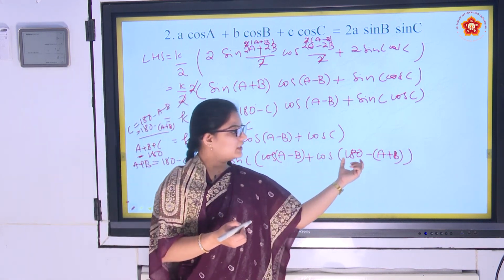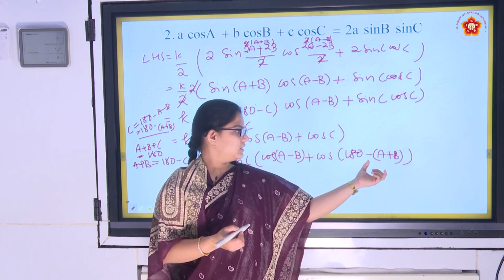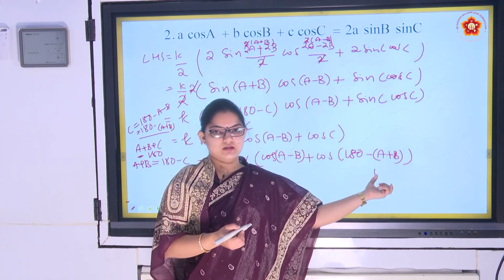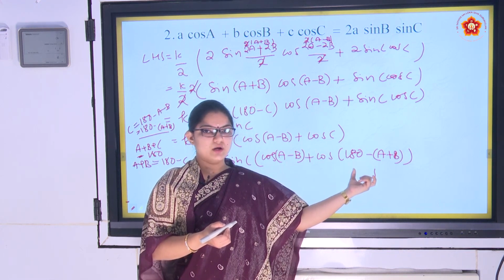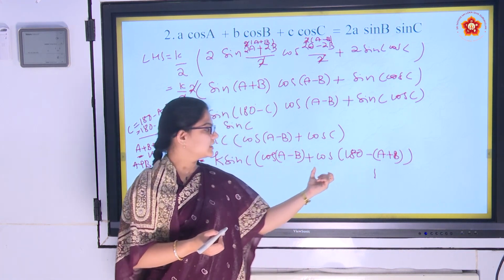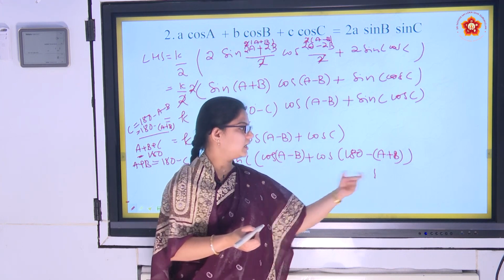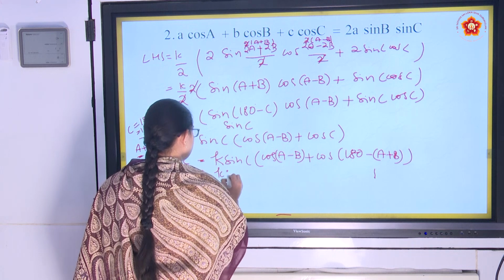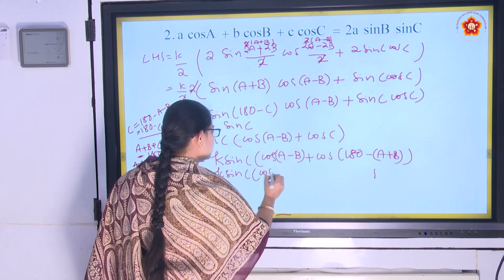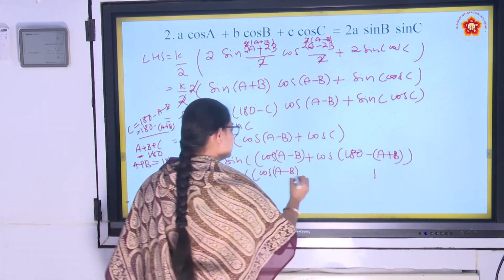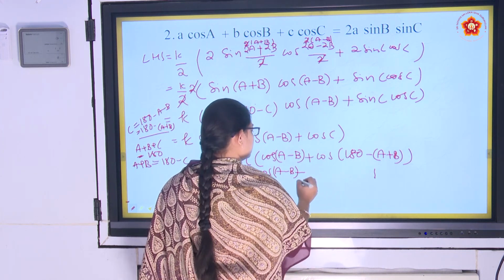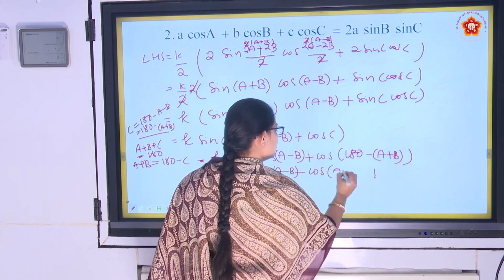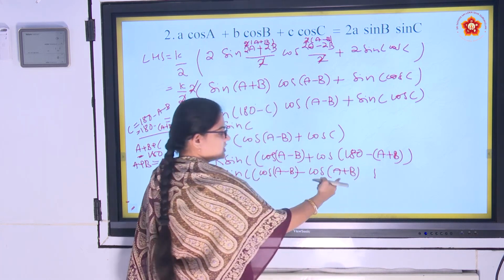So cos of 180 minus some angle X is nothing but, that is 180 minus X is in the second quadrant where cos is negative. So you will get minus cos A plus B. So we get here, which is equal to K sin C into cos A minus B minus cos A plus B. Why minus cos A plus B?